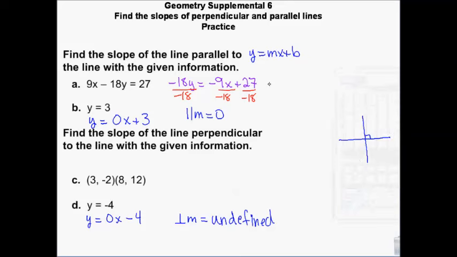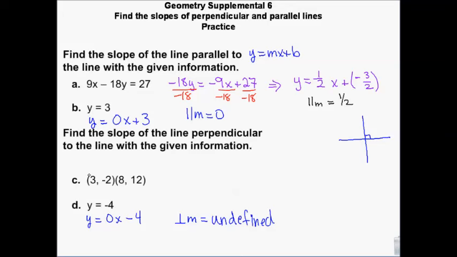Then that would give me y equals 1/2 x minus 3/2. Not that that matters really. We were just interested in the slope. So parallel slope here was also going to be 1/2.